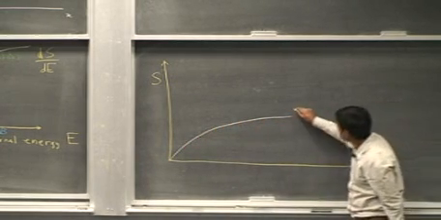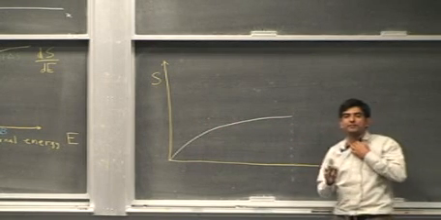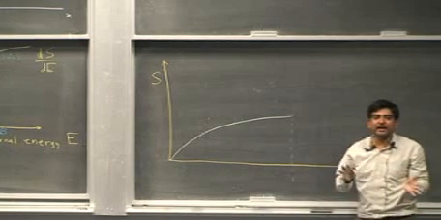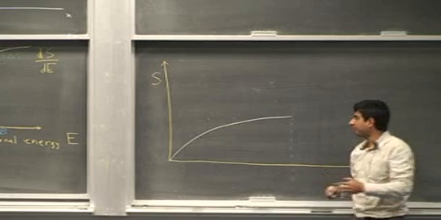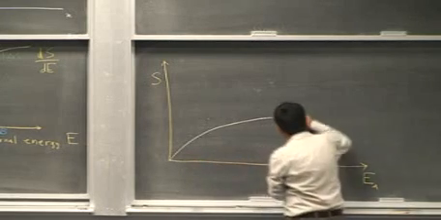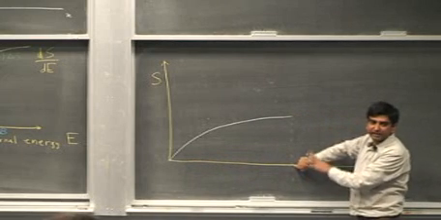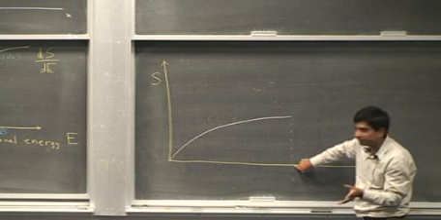Okay? Now if object A has energy EA, object B will have energy E minus EA. So when object A has all the energy, this is the maximum value of energy. When object A has all the energy, how much energy will object B have? 0.